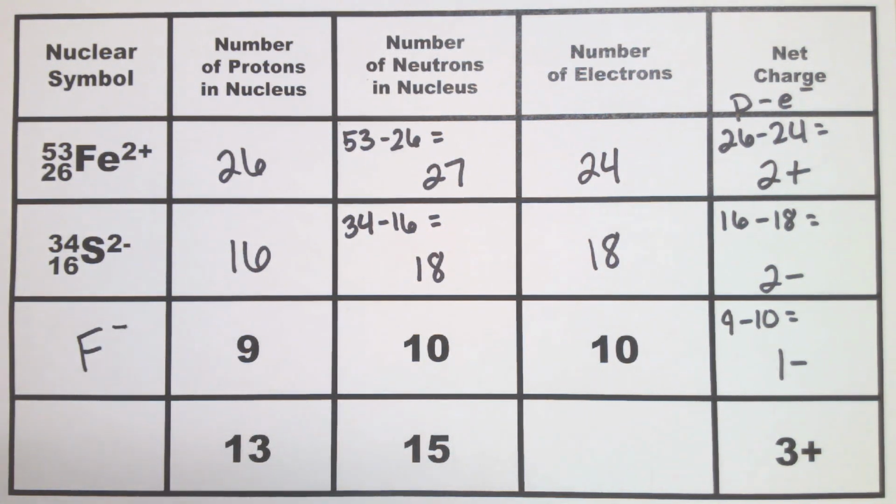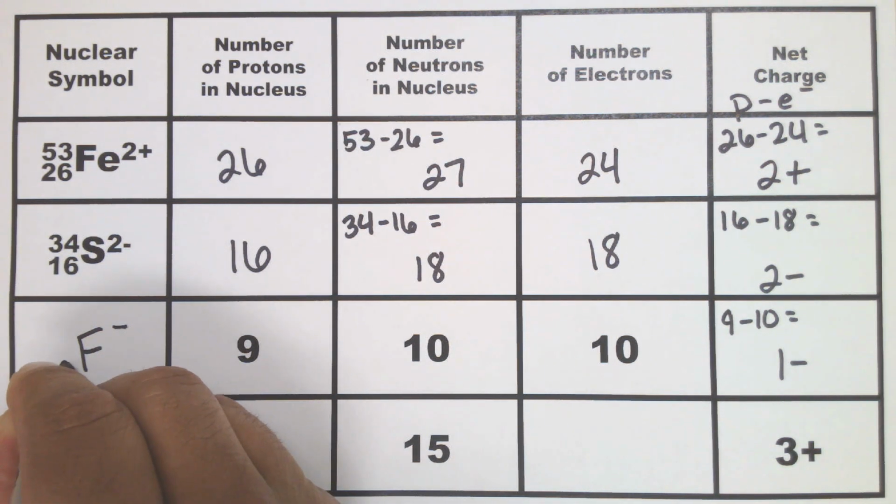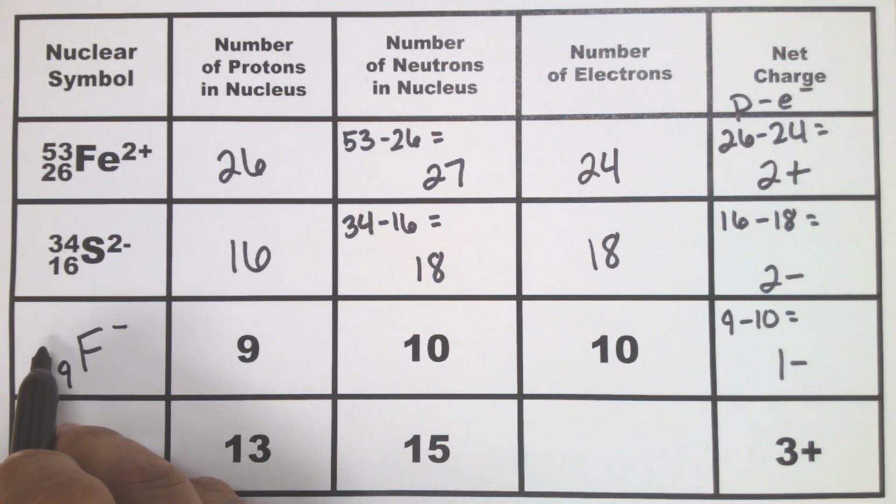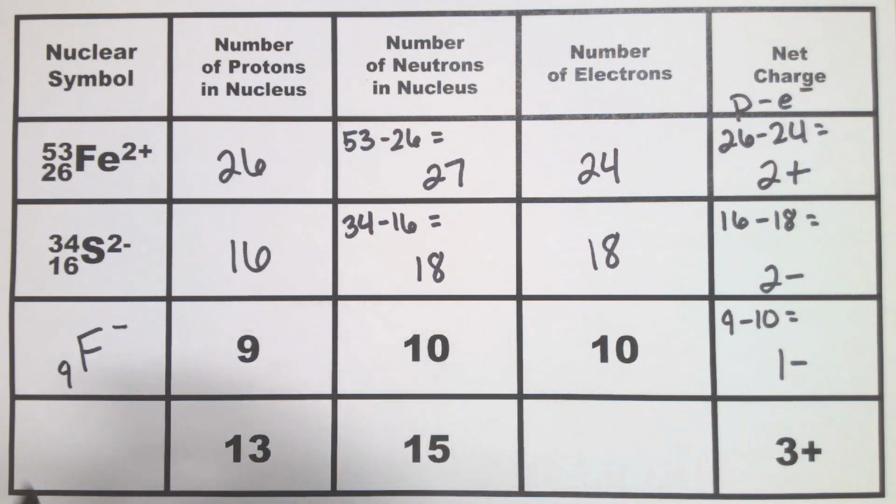So this represents negative 1. And for the anion, we change the suffix. So a little bit of naming rules here. This is fluoride. Atomic number is 9. And the mass number is the protons plus the neutrons, 19.